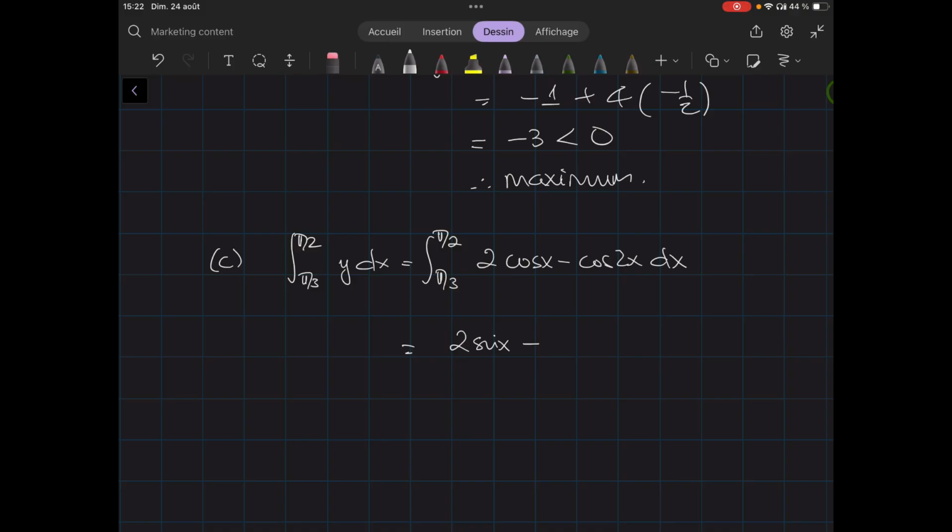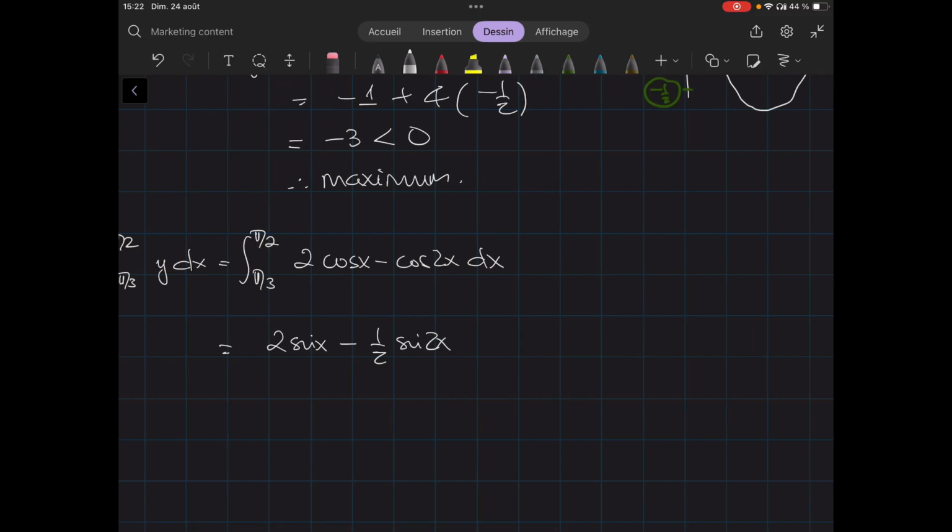The integral of cos of 2x is a half sine of 2x. You can use a u-sub for this, or you can just think of it as the reverse chain rule. If you differentiate cos of 2x, you have to multiply 2 at the end. So if you're integrating cos of 2x, then you have to divide 2.